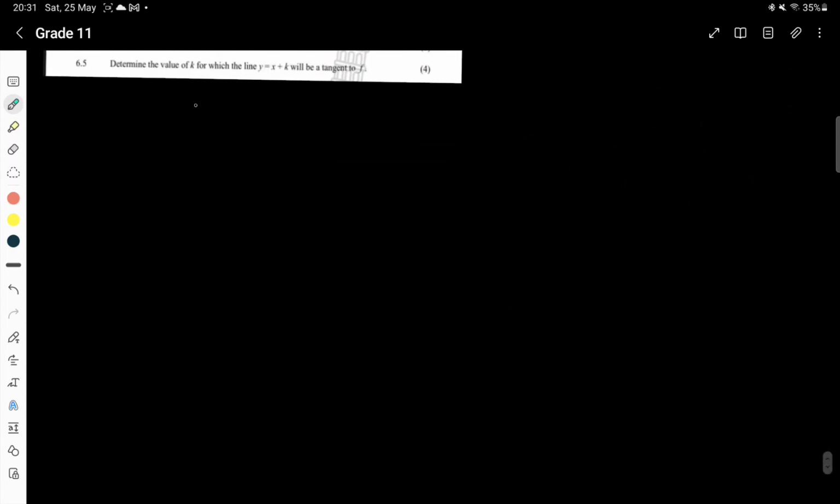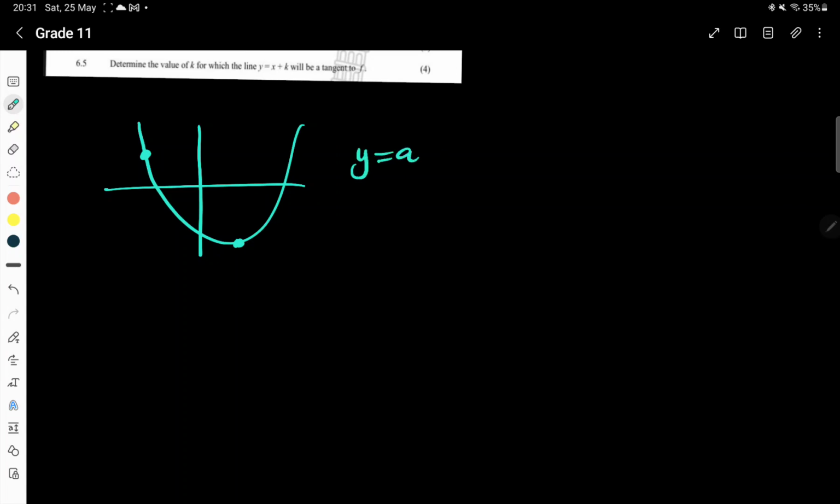Condition number 1, when you have a turning point and any point on the graph, you use this one: y is equal to a into (x plus p) squared plus q.